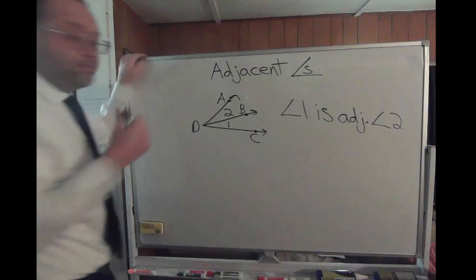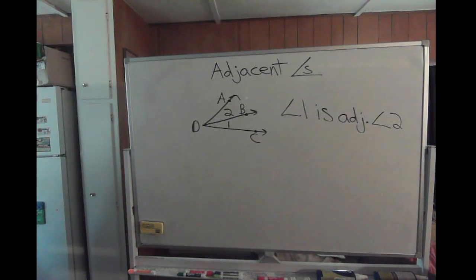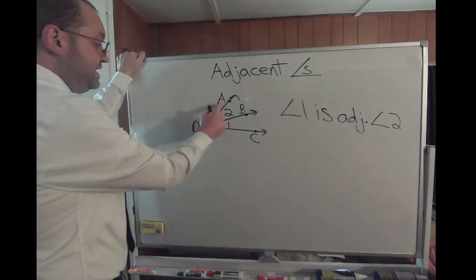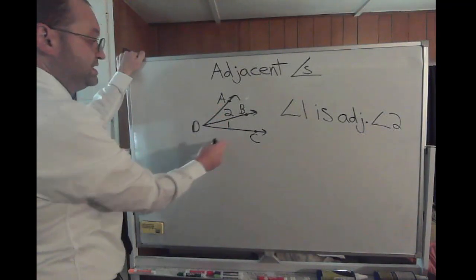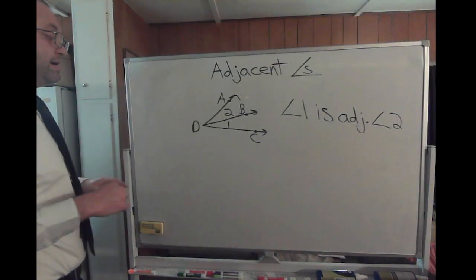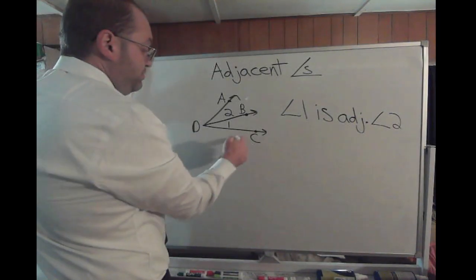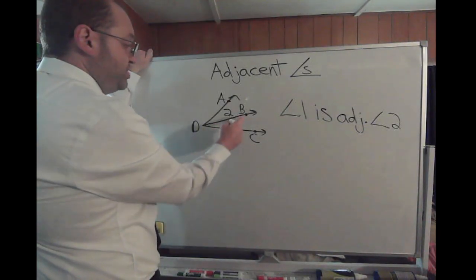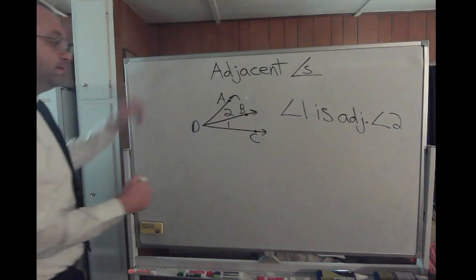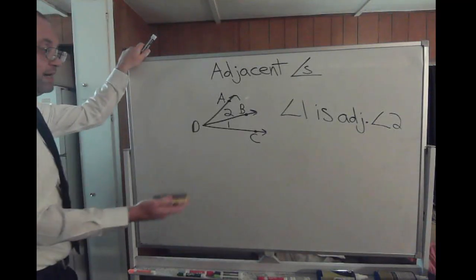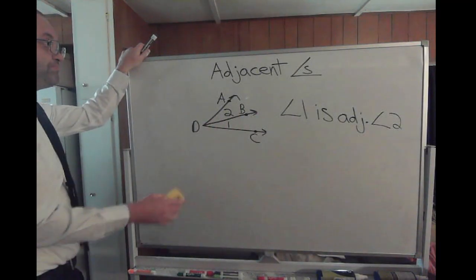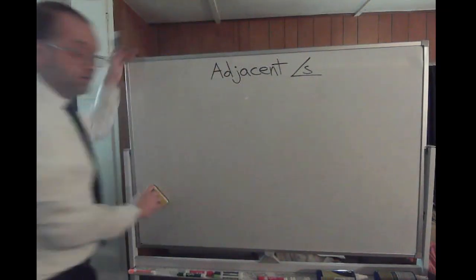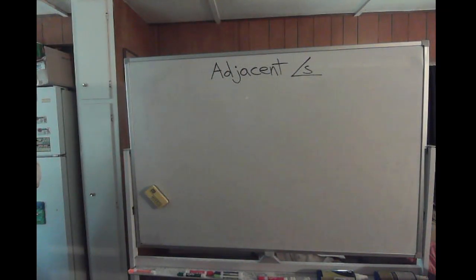For example, we have ray DA, point A is not common with point C, so that's how you would determine them as separate angles, but they're adjacent because they share ray DB, they share point B, but that's about it, and they're right next to each other. Now, let's talk about some other angles here that are not adjacent.